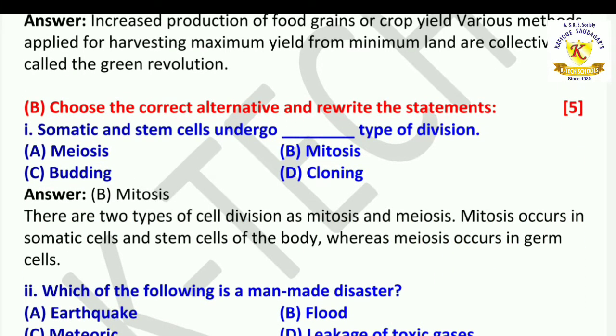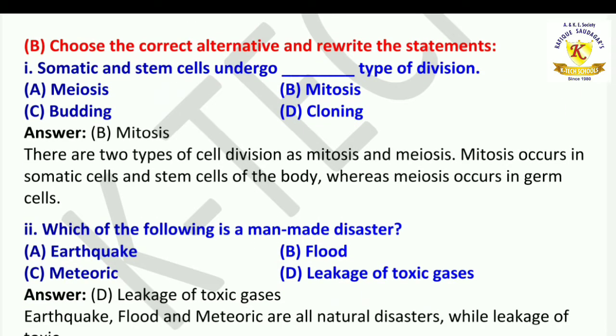Now, question number 1B. It also carries 5 marks. First, somatic and stem cells undergo dash type of division. Options are meiosis, mitosis, budding, or cloning.